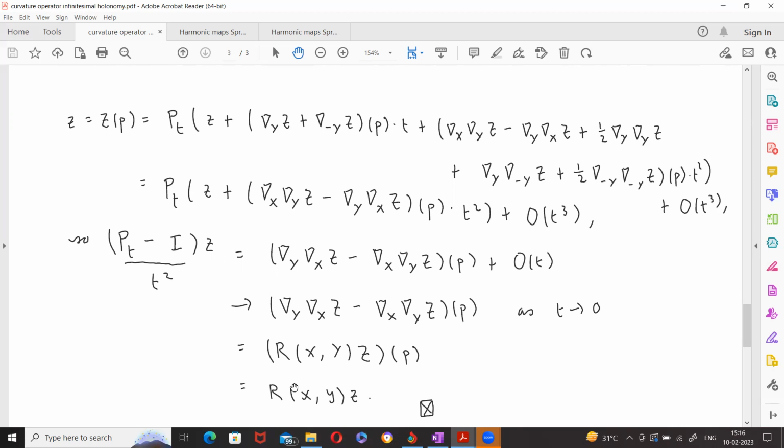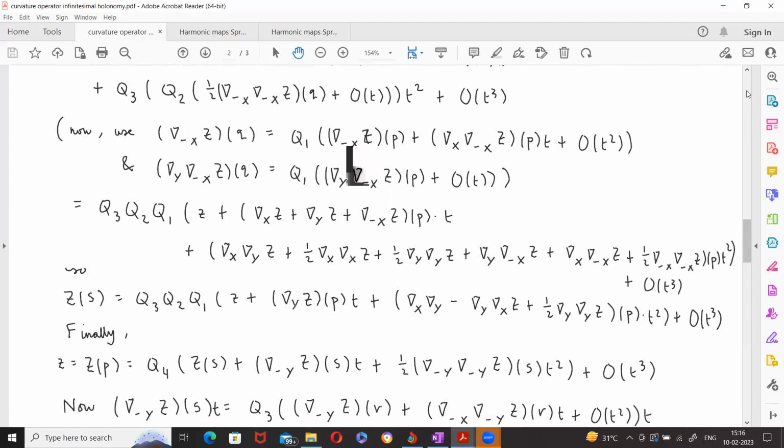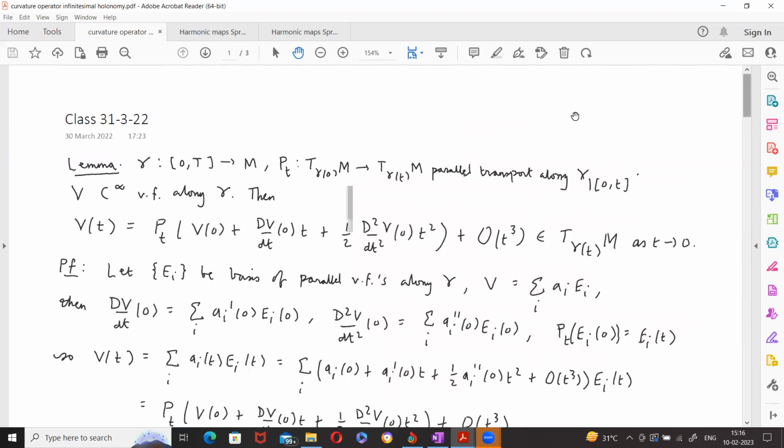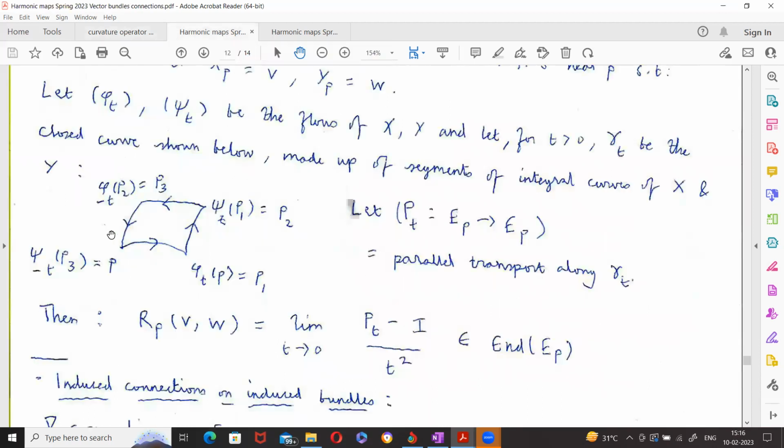So I'm not going to do this. It's a rather long and tedious calculation, but you can go through it or try and work it out yourself, and you'll see that this works. So that's the idea behind the proof of this.